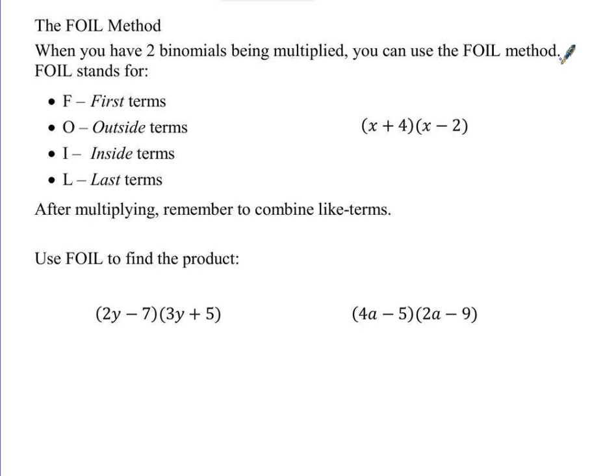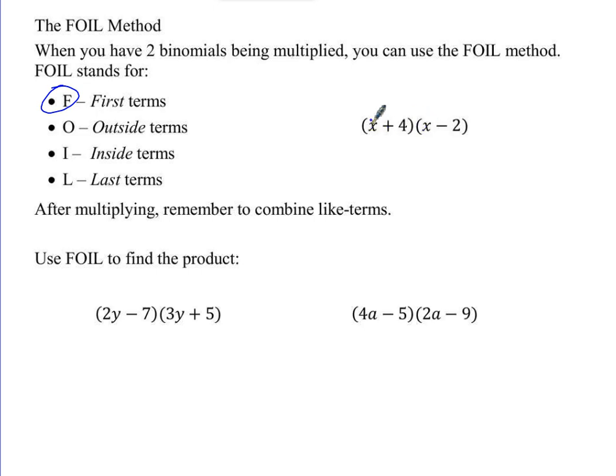FOIL stands for first terms, outside terms, inside terms, and last terms. So if you can remember FOIL, first, outside, inside, last, or first, outer, inner, last, then you could remember how to multiply these together, and you won't lose terms or make mistakes. So, first of all, the F in FOIL stands for the first terms, and what that means is the first term in each one of these binomials.